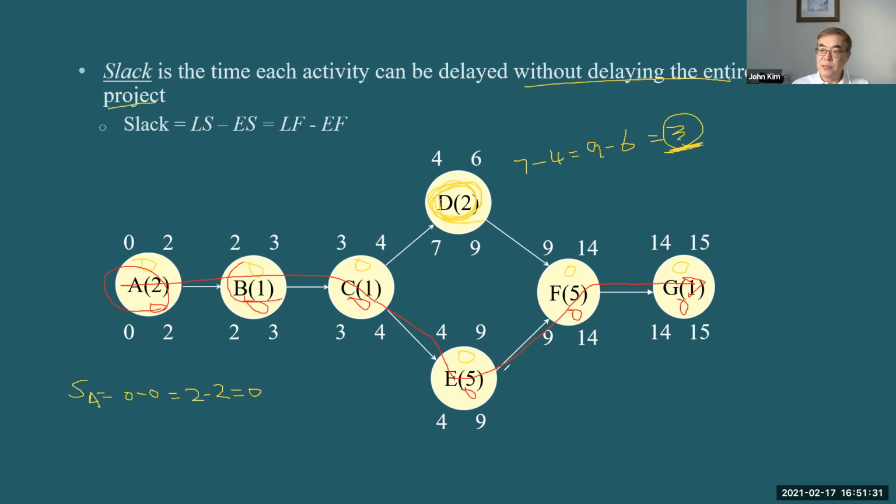So each activity on the critical path, with 0 slack, is a critical activity. If that activity is delayed, then the entire project is delayed. But on a non-critical path, at least one activity has slack.